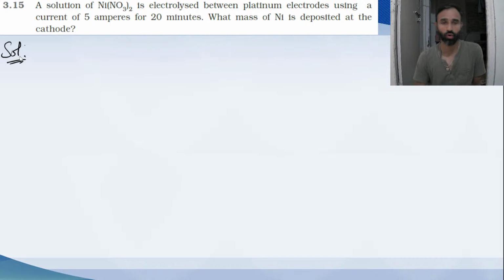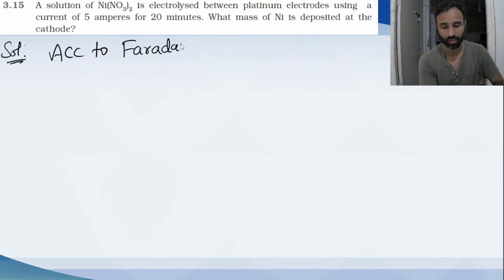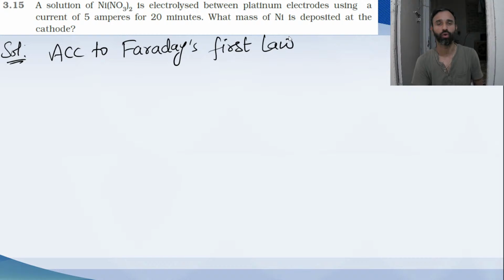Faraday's first law. According to Faraday's first law, weight deposited at cathode is proportional to the quantity of charge passed.